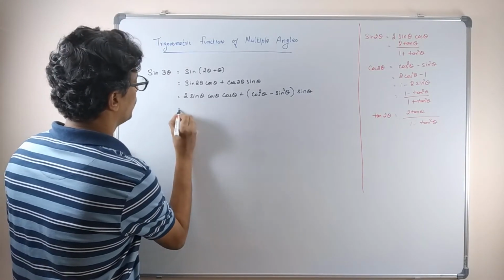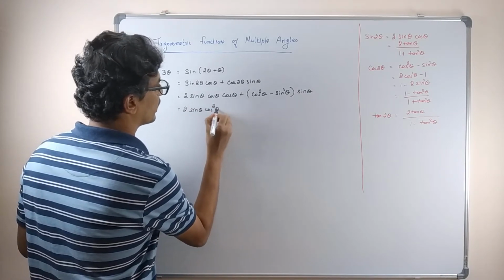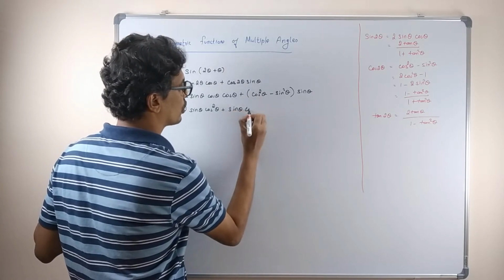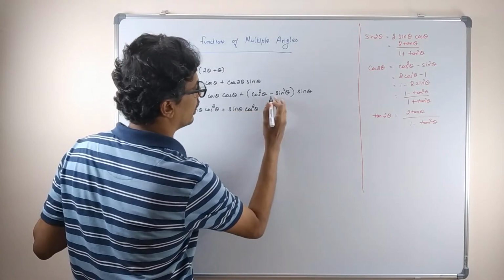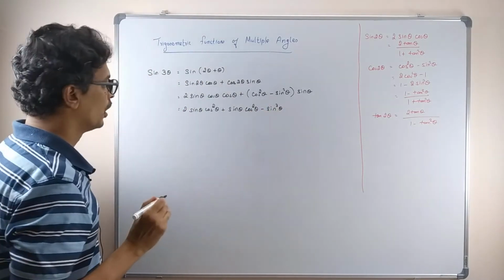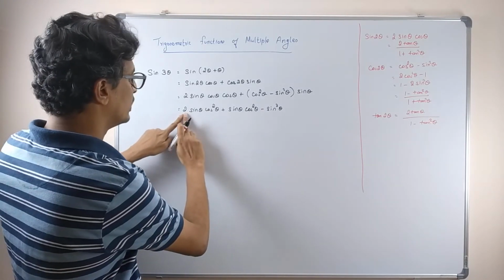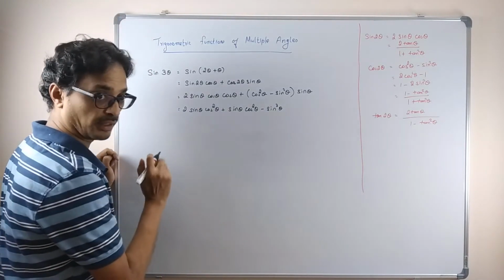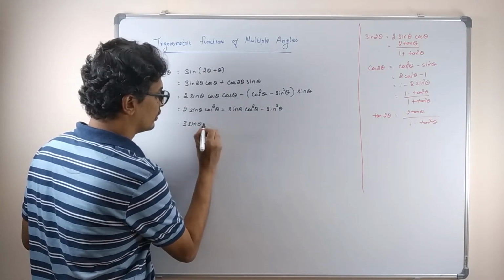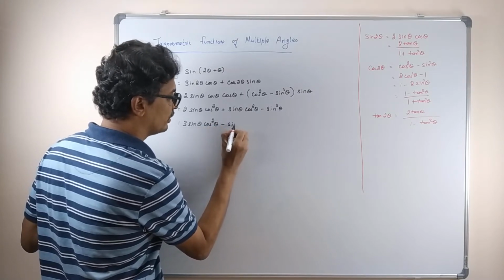So this is going to be 2 sine theta cos square theta plus sine theta cos square theta minus sine cube theta. Am I right? Now this is sine theta cos square theta and sine theta cos square theta, so this makes 3 sine theta cos square theta minus sine cube theta.